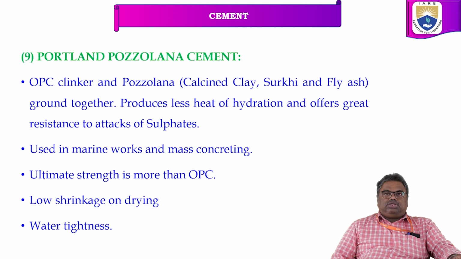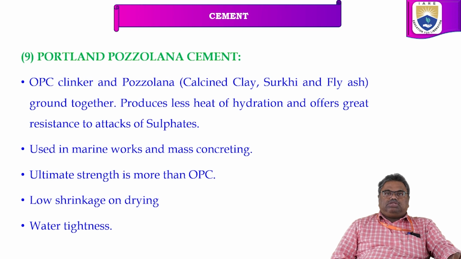Since we are using pozzolans, the heat of hydration will be very less, and it gives better resistance to attack of the sulfates. So it is used in marine works and mass concreting works.